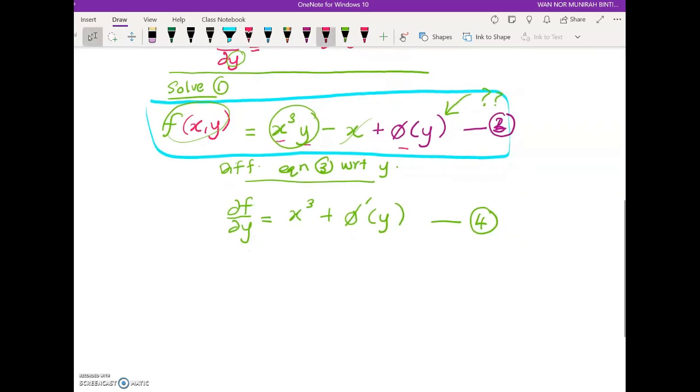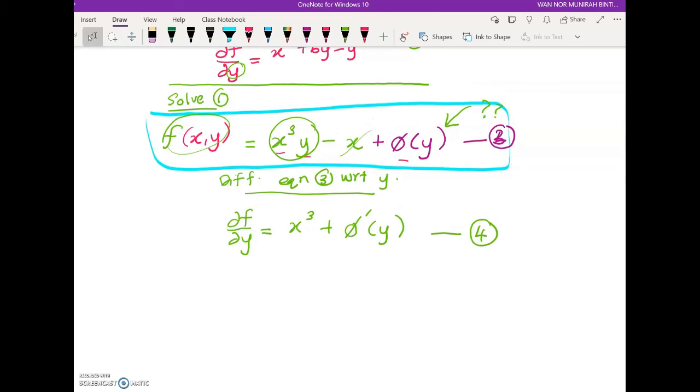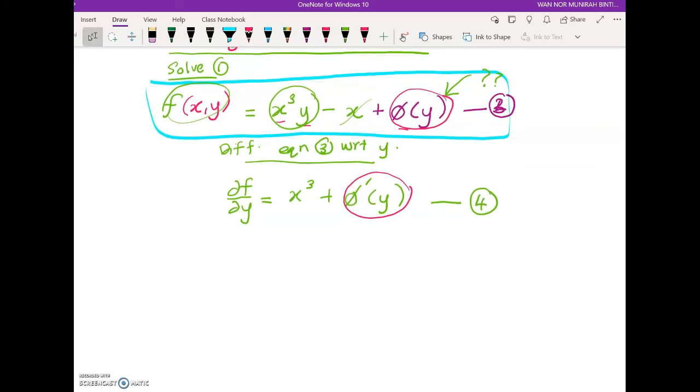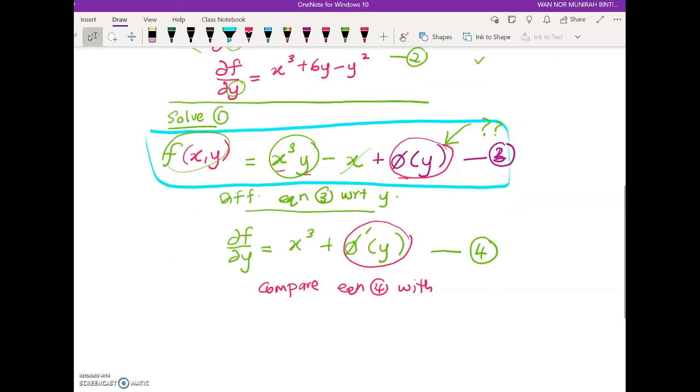Now as I mentioned earlier, we just want to find phi(y), but you have phi prime(y). Yes, we can find phi(y) from phi prime(y). So what we need to do is compare equation 4 with the equation that we didn't use just now, which is equation 2.